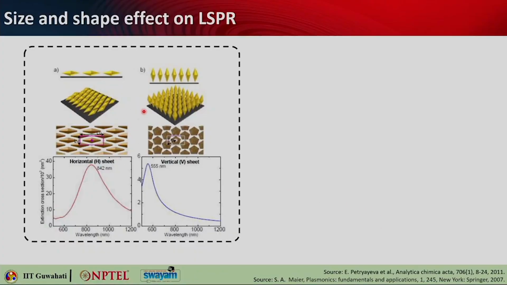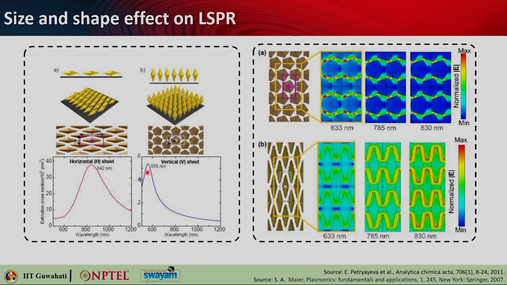So, you can think of this kind of structure. Okay. These are analogous to, say, liquid crystals. When they are forming a horizontal sheet, they have a resonance around 842, but when these nanoparticles are all standing up, they form a vertical sheet, and you will get a 555 nanometer wavelength.